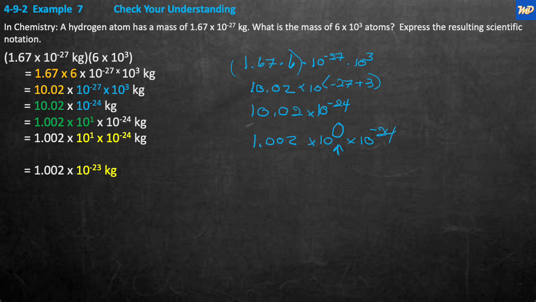So we're going to multiply it times 10. Okay? So now we're at 1.002 times 10 to the 1 minus 24. And so that's 1.002 times 10 to the minus 23 kilograms, kgs. And it comes out right.